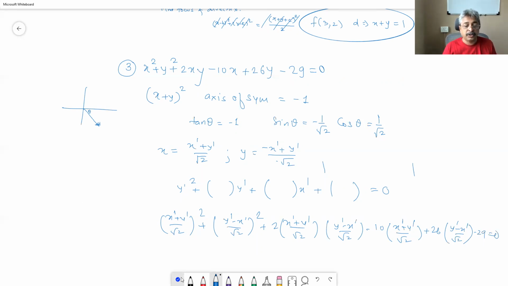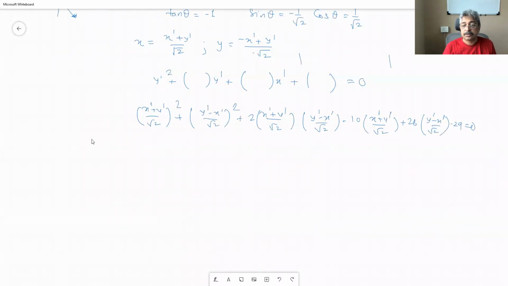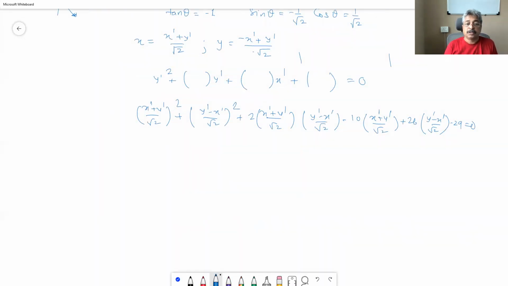This is your general equation, in which let us do the coefficients.